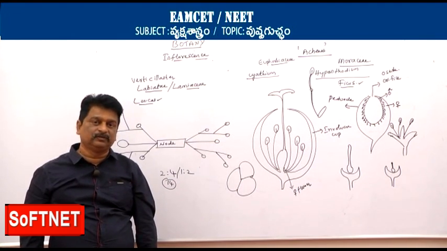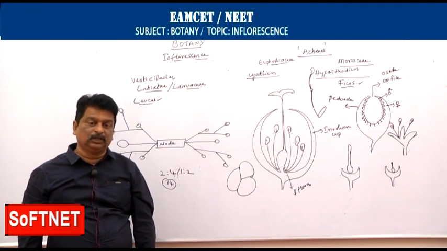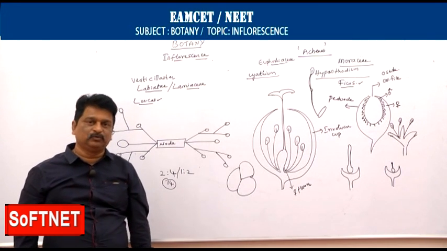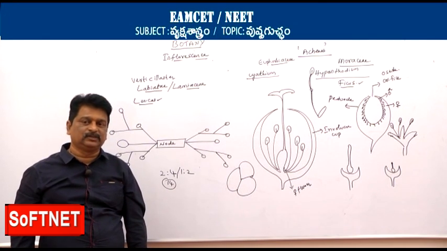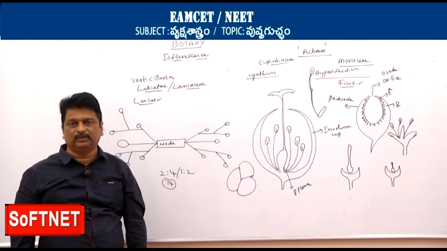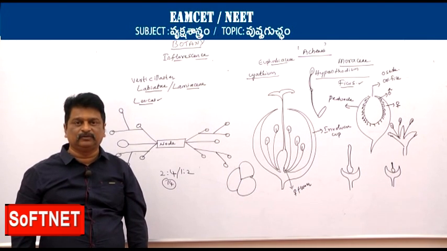Special inflorescence with an involucre of bracts is cyathium. And what are the types of racemose? Here, centripetal flowers means one is corymb, second is umbel, third is head inflorescence.